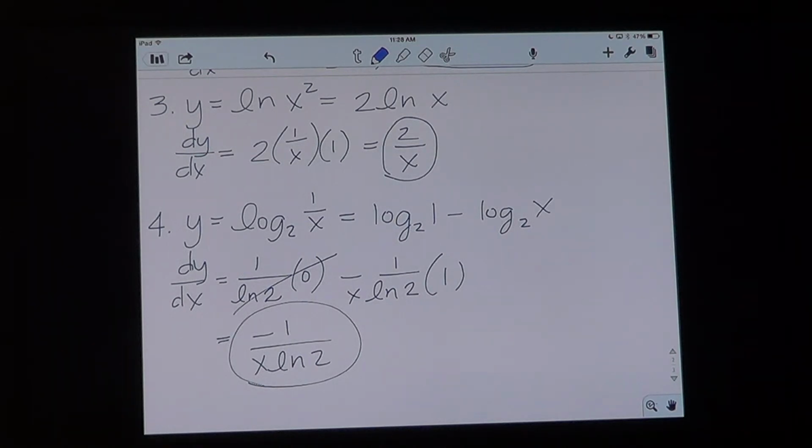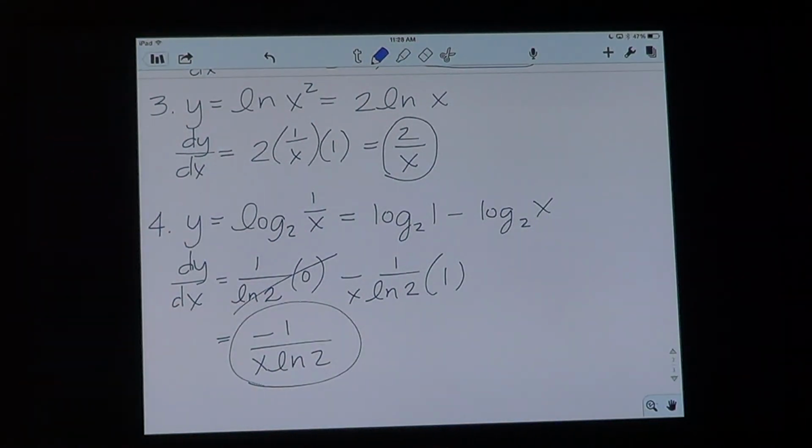More practice? Do you want to do some of these together? Or do you want to try to do them on your own first?